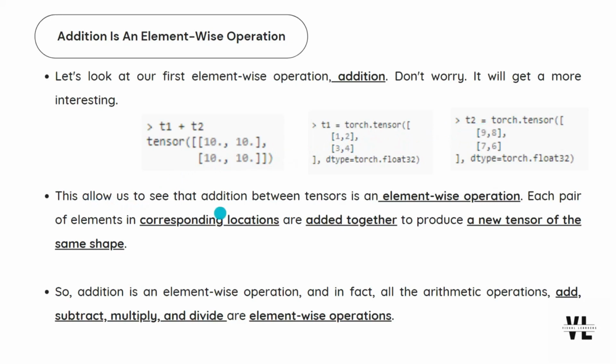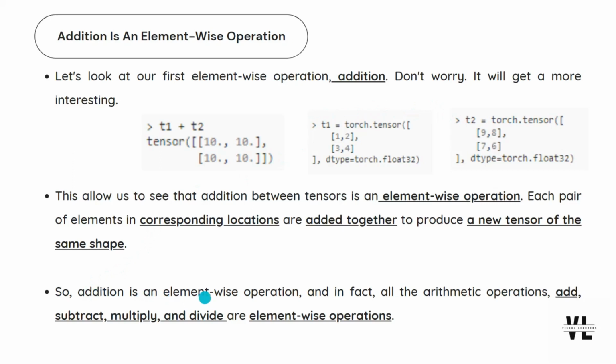This allows us to see that addition between tensors is an element-wise operation. Each pair of elements in the corresponding locations are added together to produce a new tensor of the same shape. So always when you add tensors of the same shape, the output will have the same shape as the two tensors.